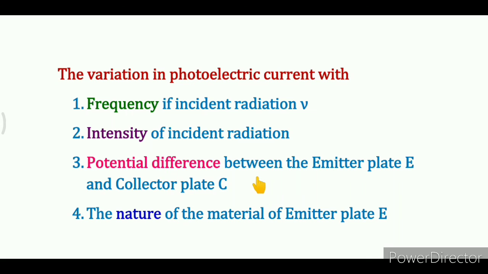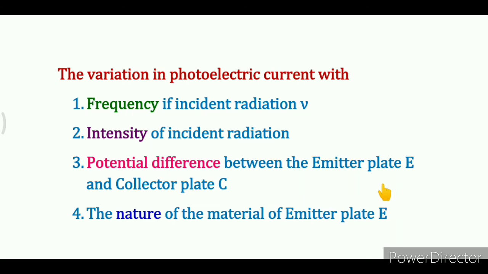Then in the next part we change the polarity between the plate C and plate E, make the potential on the plate C negative, and change the potential difference to observe its effect on the photoelectric current.